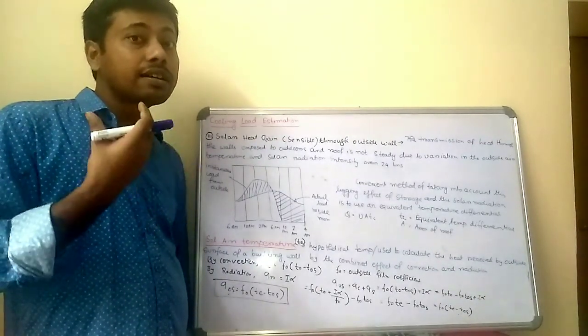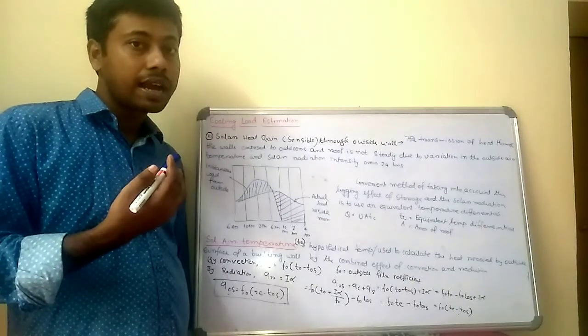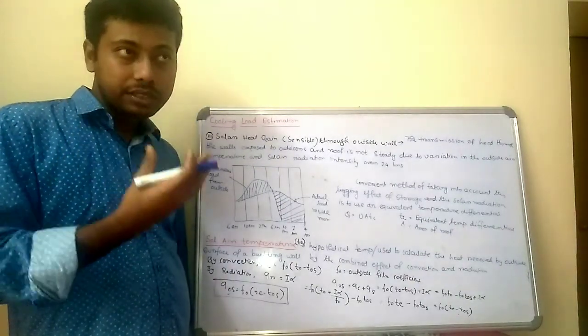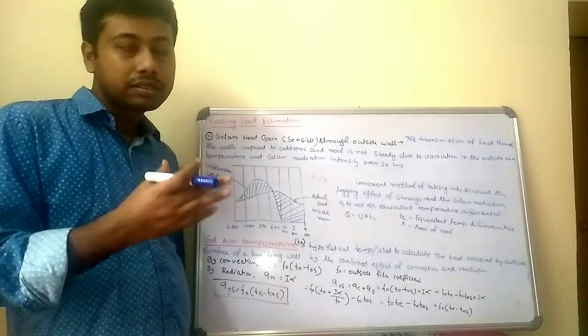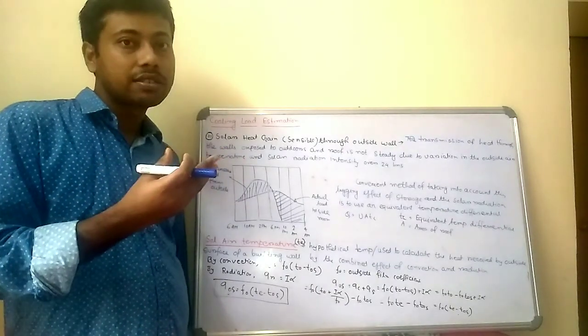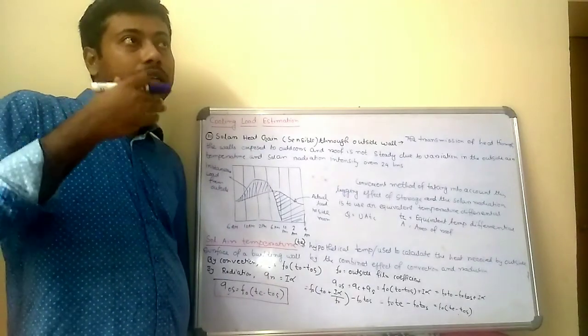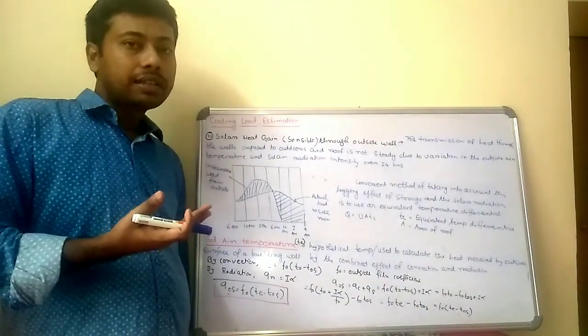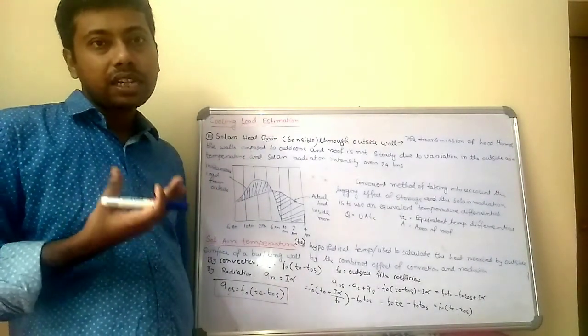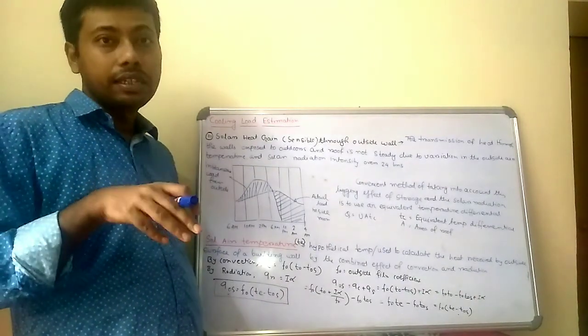And what is the cause? The cause is the storage capacity of the bricks, wall, or roof. Generally at the evening time of the day they will release the heat.